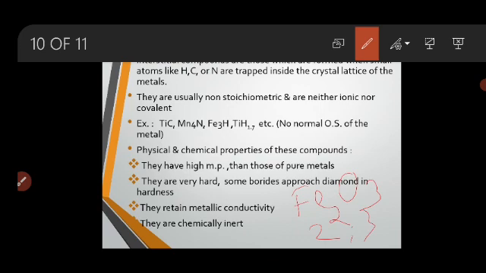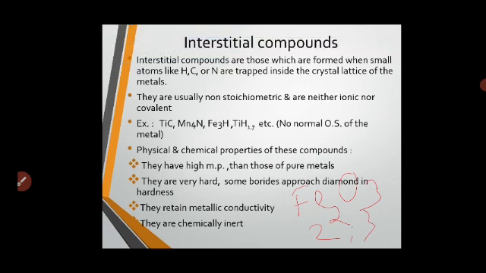But this is called stoichiometric. But there are some compounds which are non-stoichiometric, and these interstitial compounds are non-stoichiometric. For example, titanium carbide, C means carbide, Mn4N nitride, manganese nitride, or iron hydride, or titanium hydride.